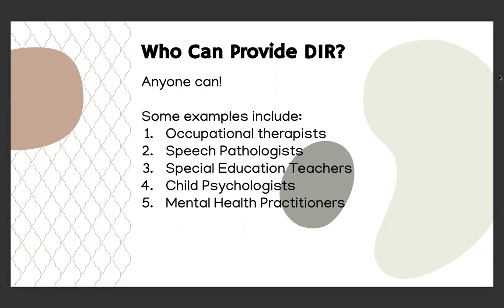But this is not limited to the people who can do it. Parents can provide DIR Floortime as well. Really, anyone can provide DIR Floortime. It's just a great approach to be able to interact and engage with children, specifically who are on the autism spectrum. They really thrive with this model.